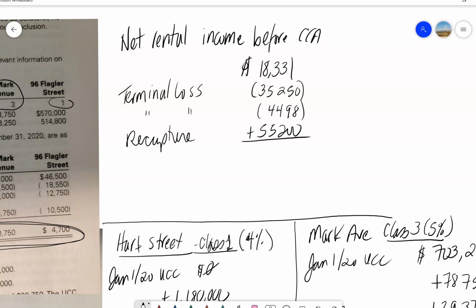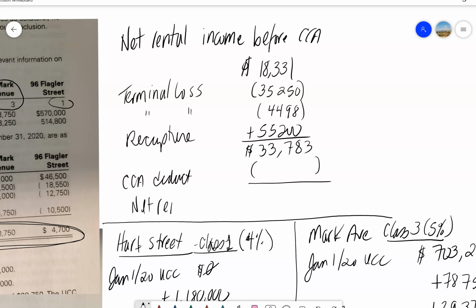So now we've done all the calculations we need, and this is going to give us our net rental income before CCA. So we add up this column. Our net rental income is going to be $33,783. And so now we're going to think, well, how much CCA can we deduct? And so the maximum CCA we can deduct is $33,783, and therefore that's going to bring our net rental income to 0.